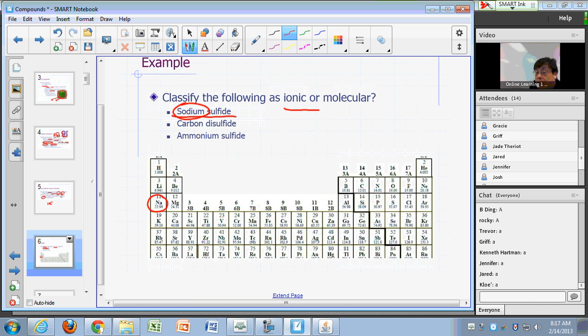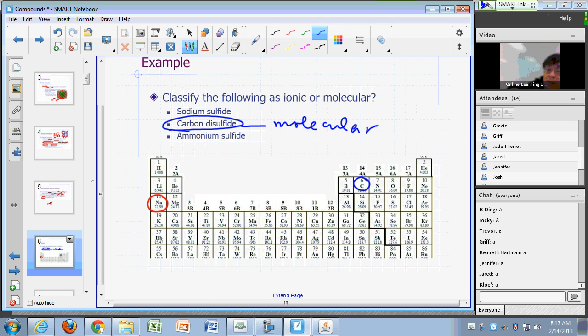The first part of the name is the name of a metal, so right away you say that this is ionic. Carbon disulfide. Carbon is a nonmetal, and you don't see an NH4. It's not ammonium, so this is a molecular compound.